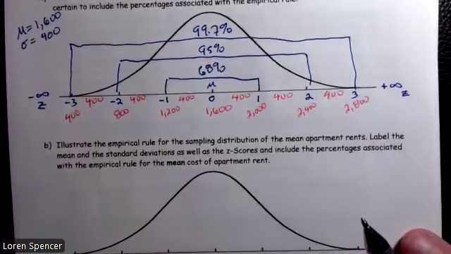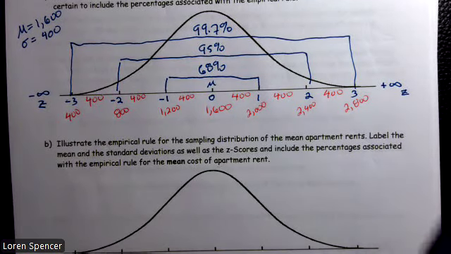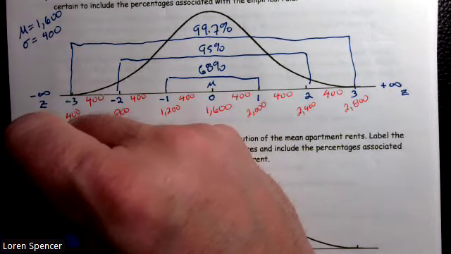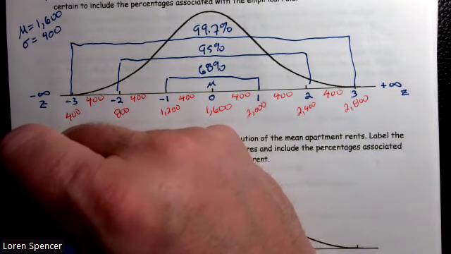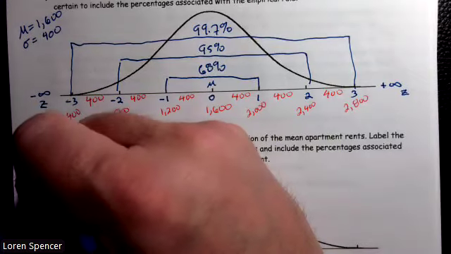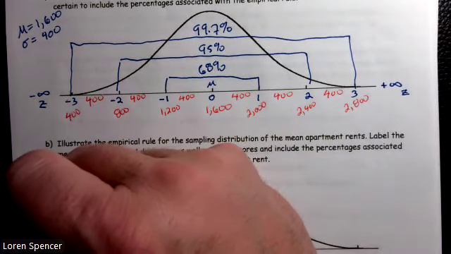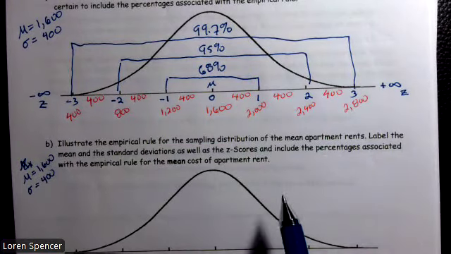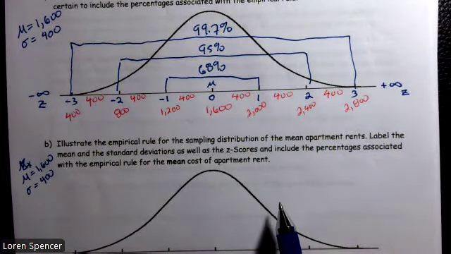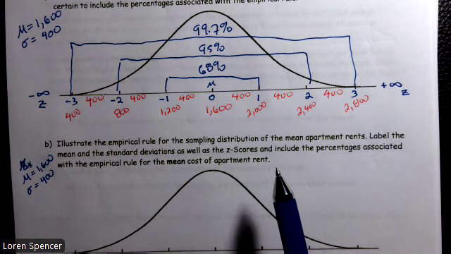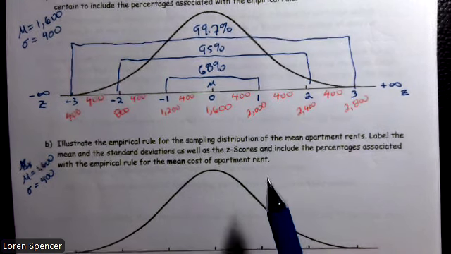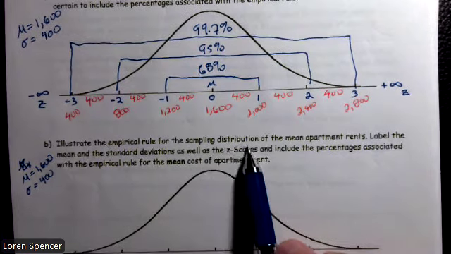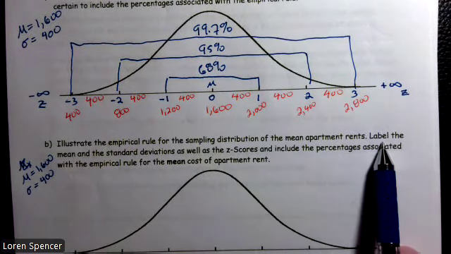All right. Part B is a continuation. So I'm going to recopy my population down. The mean of X is 1,600, and our standard deviation for the population is 400. It says illustrate the empirical rule for the sampling distribution of the mean apartment rents.